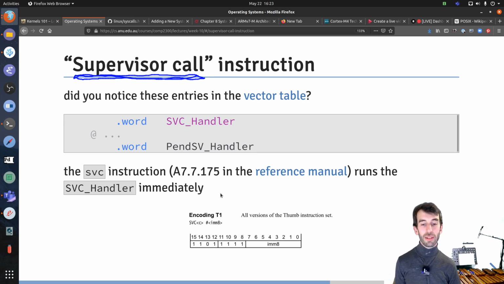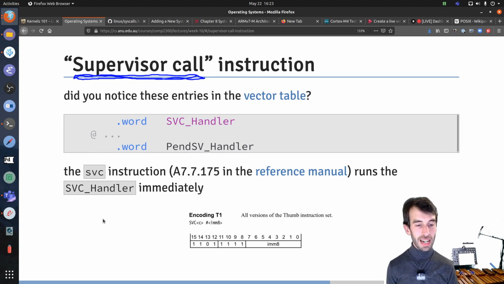And whenever you run SVC with that number, that system call would get run. What happens when you run SVC is that you actually end up in an exception handler. So calling SVC, the supervisor call, puts your Disco board into handler mode, running some handler code that you've defined already.